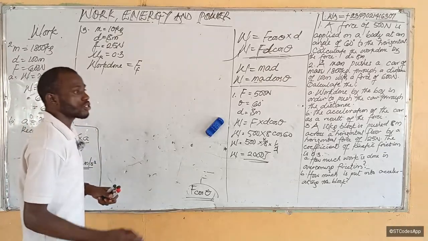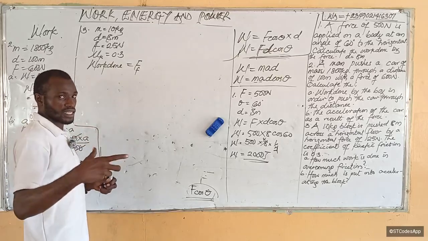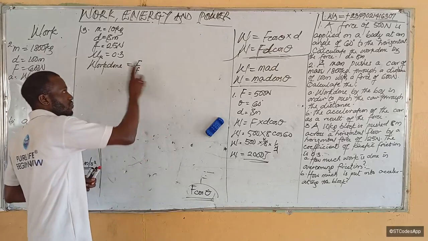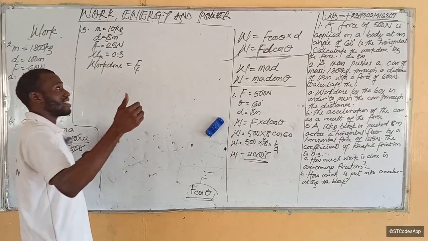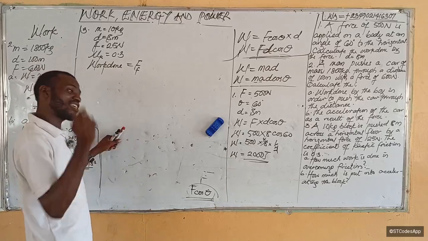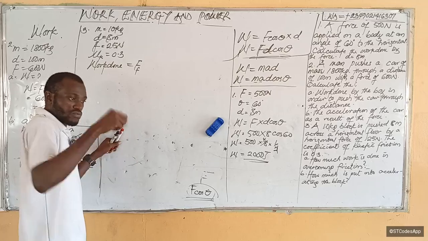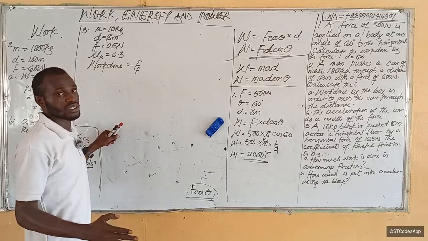Since there is friction on the platform the body is moving on, the magnitude of the force that overcame friction is just the magnitude of the frictional force itself. That is the force that just overcomes it.